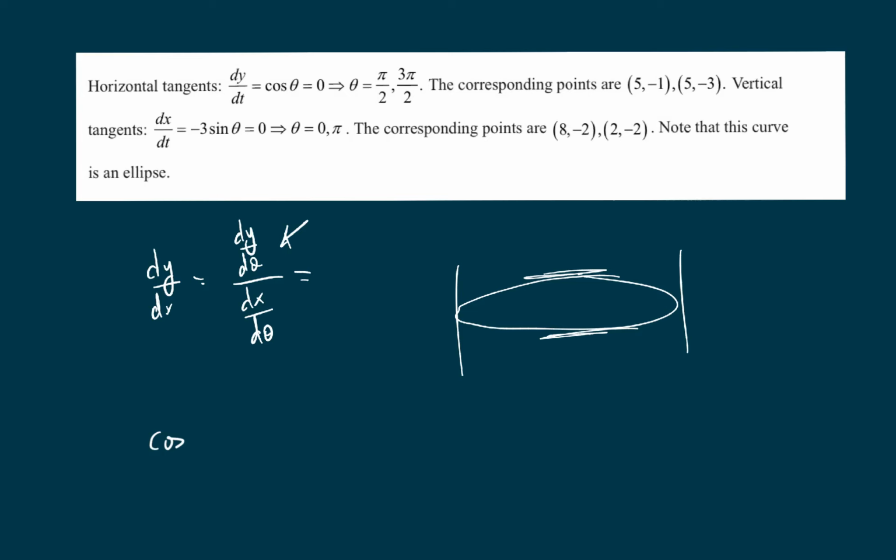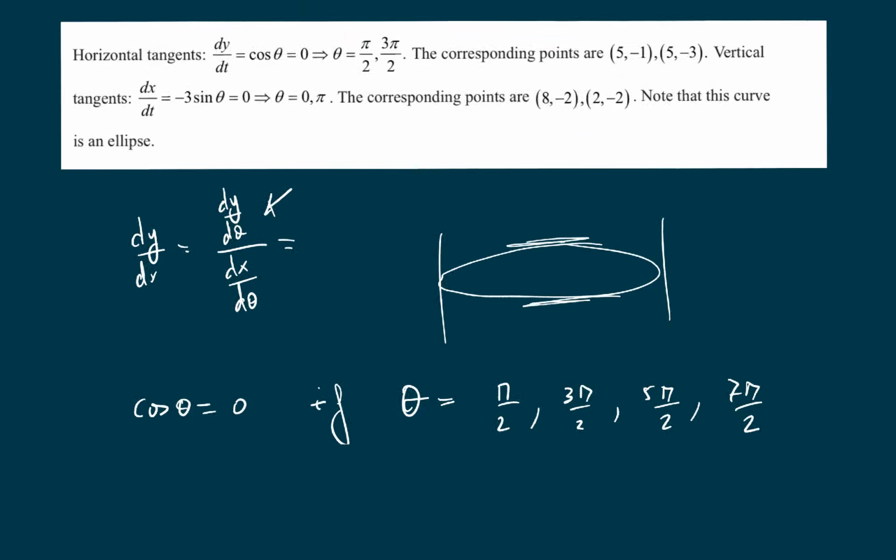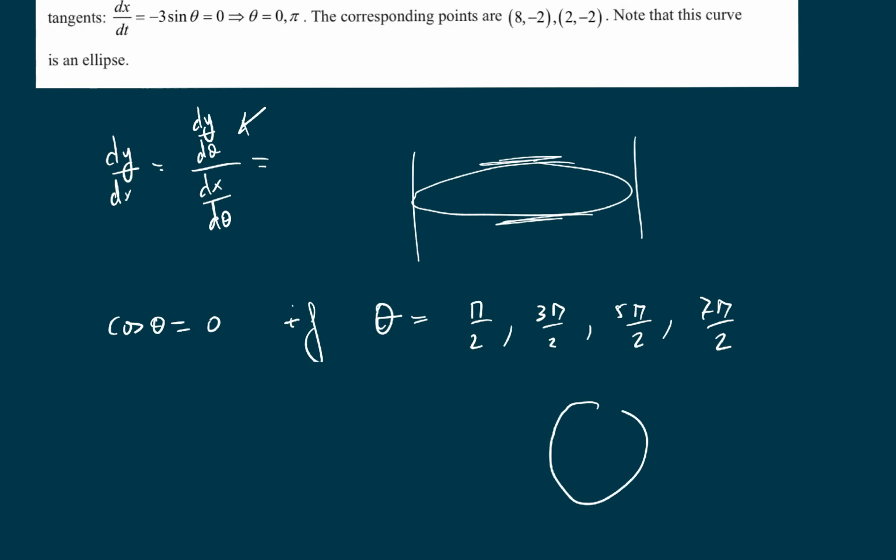Cosine of theta equals 0 if theta equals pi divided by 2, 3 pi divided by 2, 5 pi divided by 2, 7 pi divided by 2. Let's graph it.